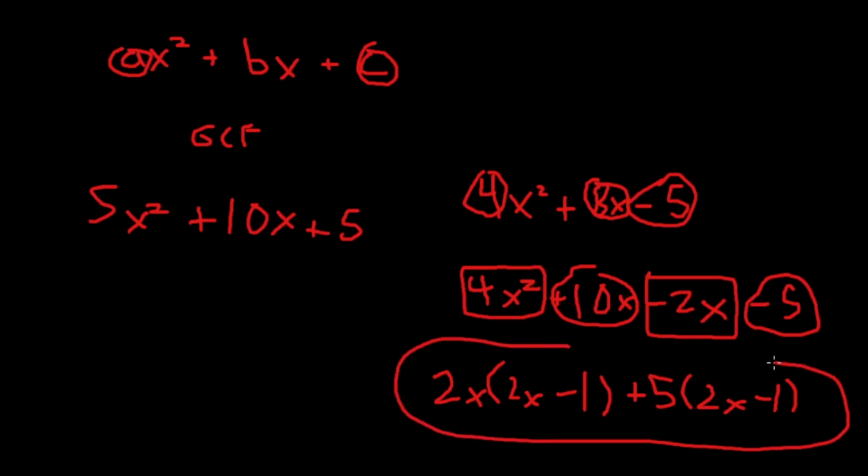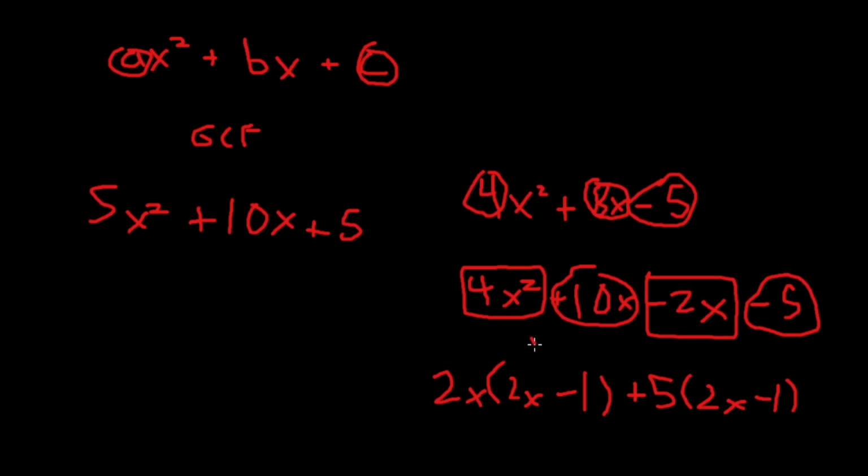Once we have it in this form, you will notice that 2x minus 1 happens 2 times. And because it happens 2 times, we know we can actually... well, this is kind of just something you're going to have to trust me with.